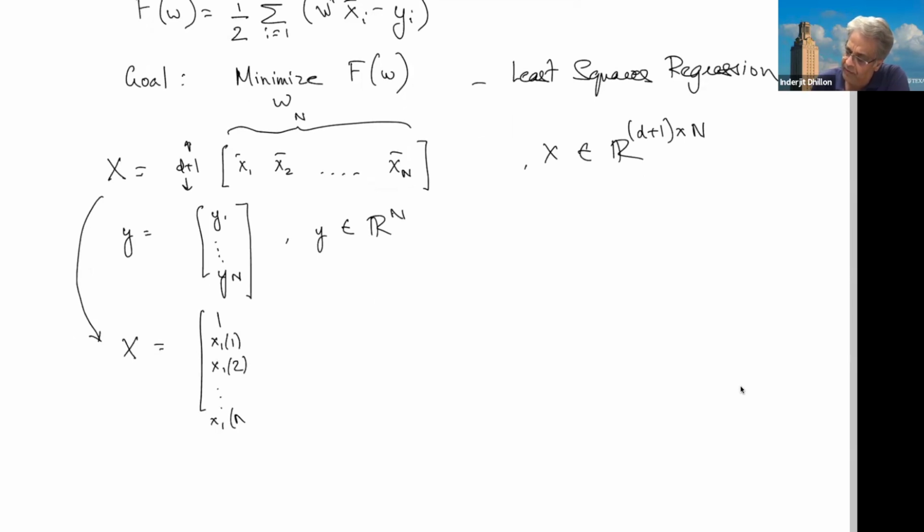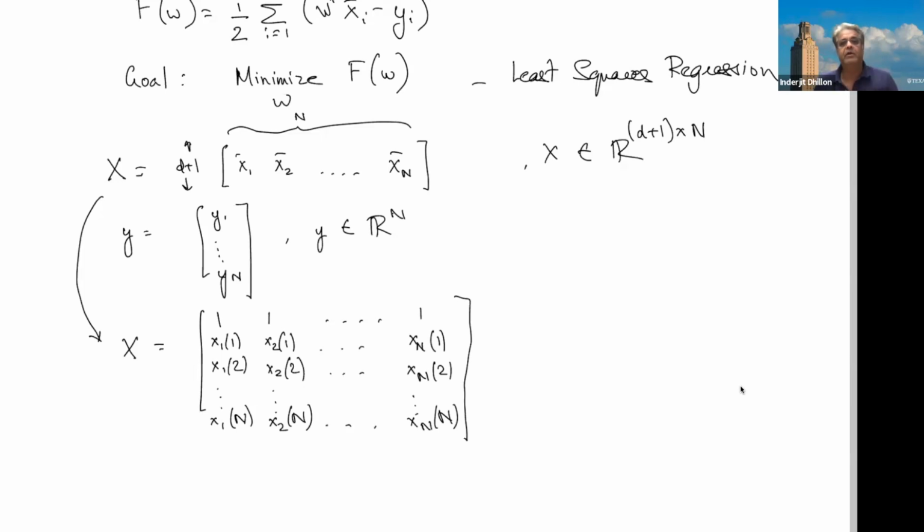Please keep me honest if I make a mistake. 1, x2 1, x2 2, x2n, and then I have 1, xn 1, xn 2, xn. Okay, did I expand it correctly?